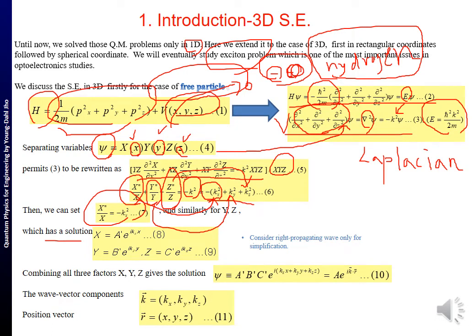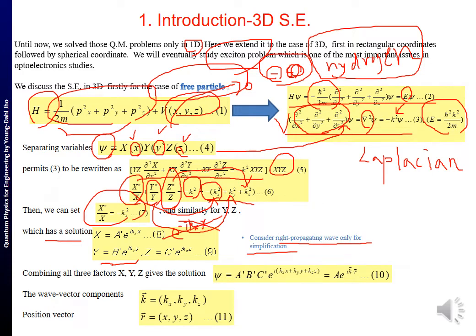Here there should be a minus i kx x term for the general case, but let's just consider the right-propagating wave only to make it simple. Okay, so let's ignore this part. For y, let's say we have B prime e to the i ky y, and C prime e to the i kz z.